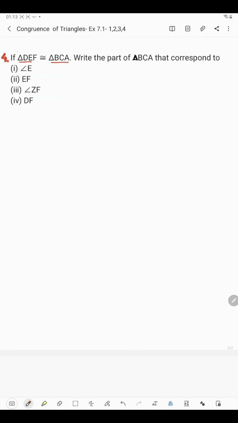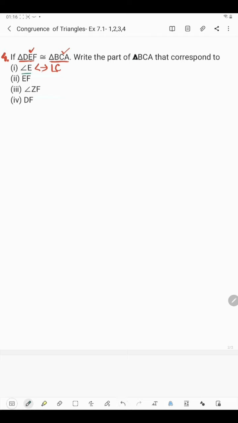We will have to find the corresponding part of angle E from triangle BCA. If you see the triangle DEF, the letter E is in between. So to find the corresponding part in triangle BCA, you will have to take the letter which is in between, and in this triangle, C is in between. So angle E corresponds to angle C. Okay. Now we will have to find the corresponding part of side EF.